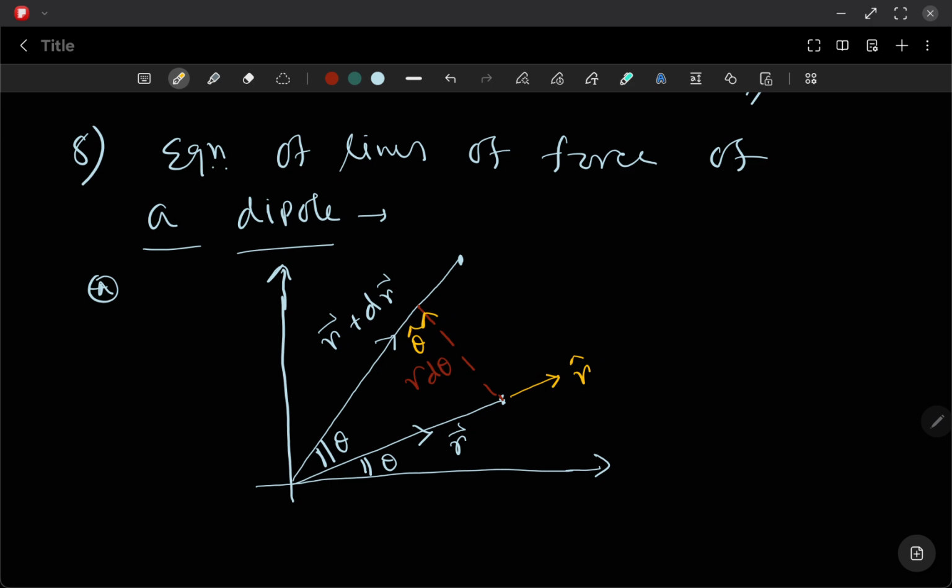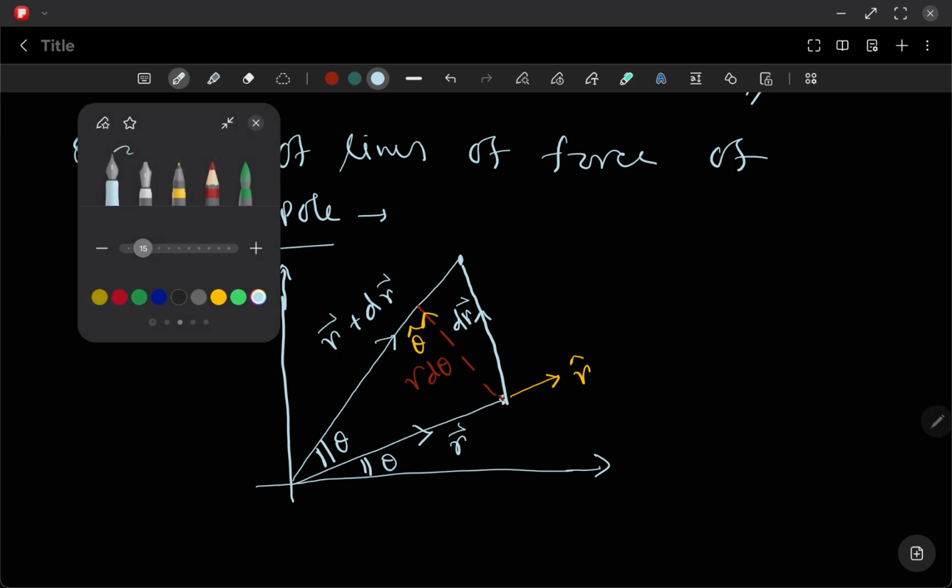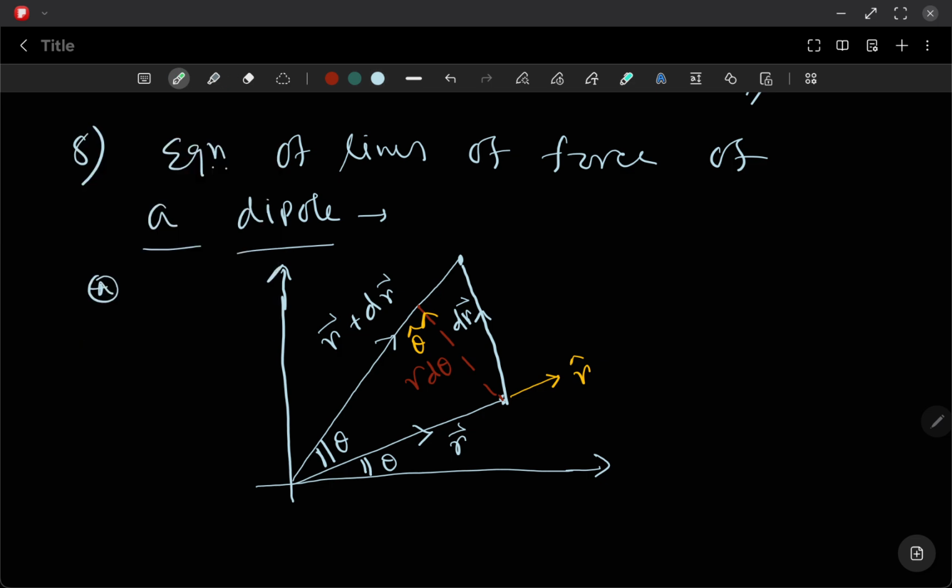Now you see, I can write this as the vector dr. Say the triangle of vector addition gives the resultant r plus dr. See, this is r d theta, so this much length can be assumed to be dr. This much length is r, this much length is r.